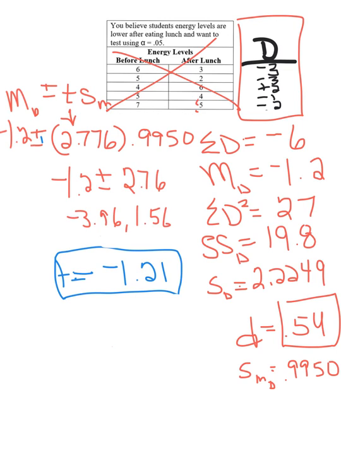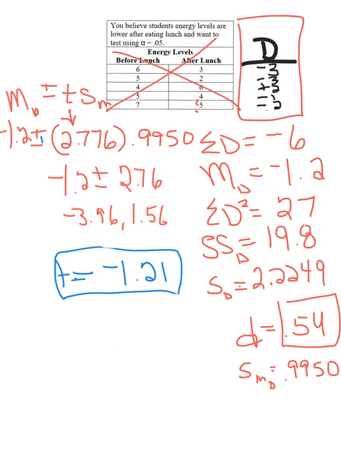Okay, so the 1.21, I'm going to take the negative 1.21 and compare to my original distribution.